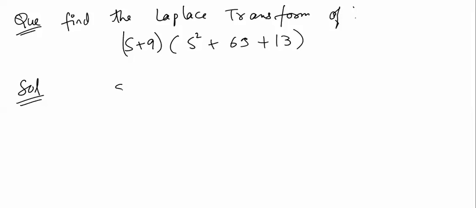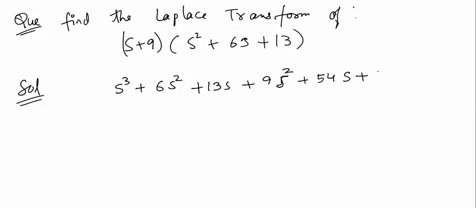This will become s cube plus 6s square plus 13s plus 9s square plus 54s plus 117. So you want the Laplace transform inverse, sorry, not transform, this is inverse.